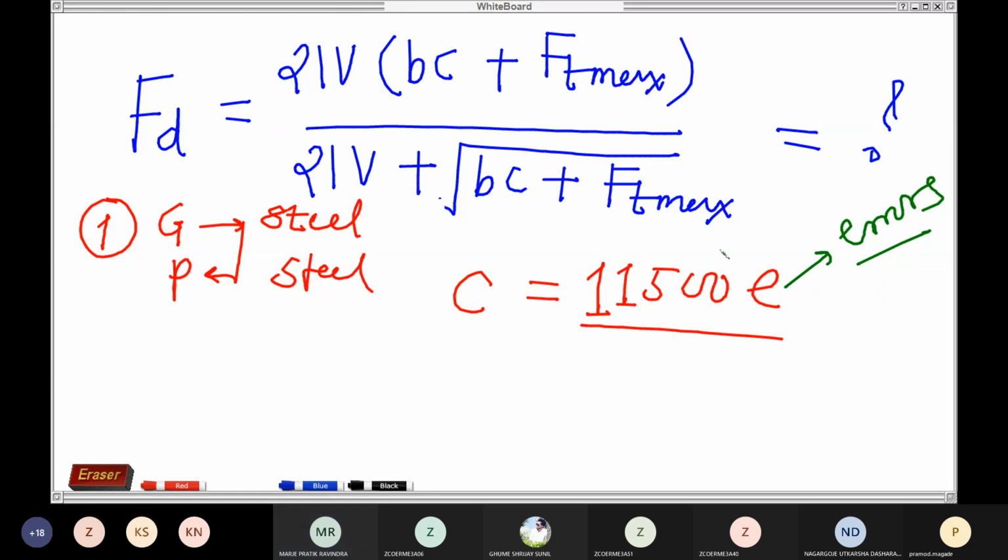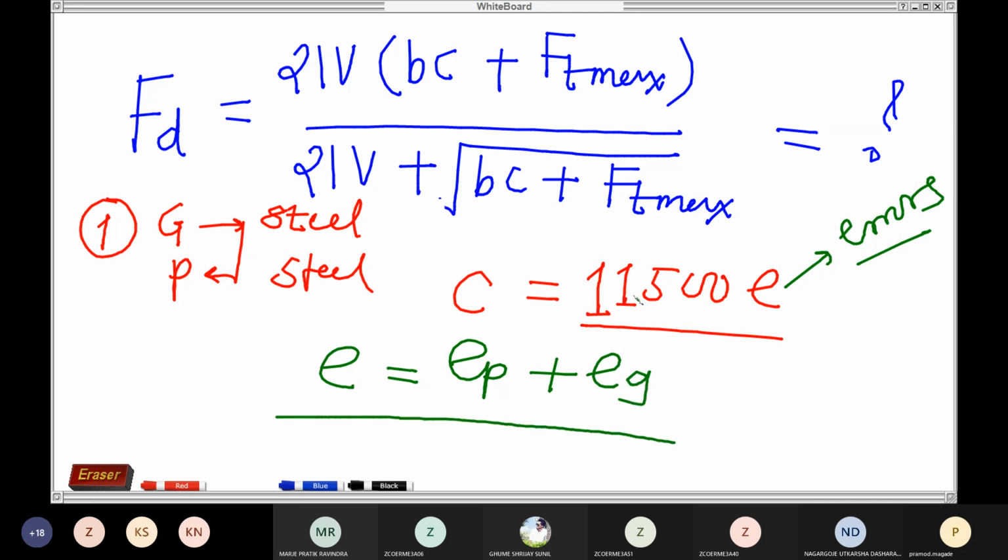Now, what is that error? So here write down, the total error that always occurs, that is EP plus EG. First understand and then write. Now what was this error? This error is nothing but the error in the gear teeth profile. At the time of meshing, we cannot predict that the meshing will occur with the respective teeth of pinion as well as gear in the same manner.